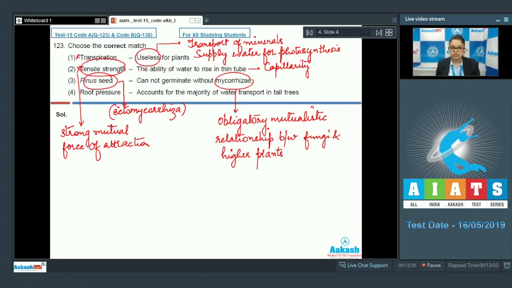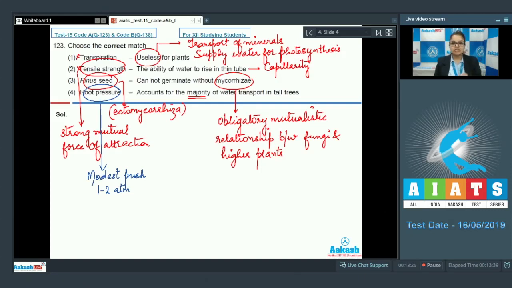Moving to the fourth option. Why is it wrong? In the fourth option, they have mentioned root pressure accounts for the majority of water transport in tall trees. So, bache, we know that this root pressure is a modest push. The magnitude of this modest push is around 1 to 8 atmosphere, and this much pressure is sufficient for the rise up to 10 to 20 meters of height.